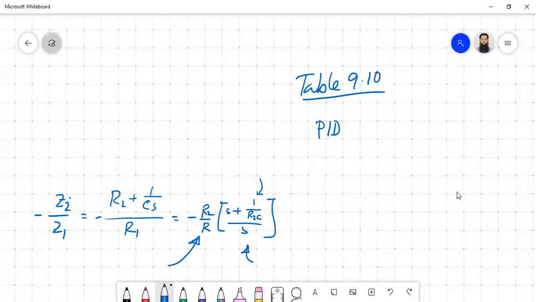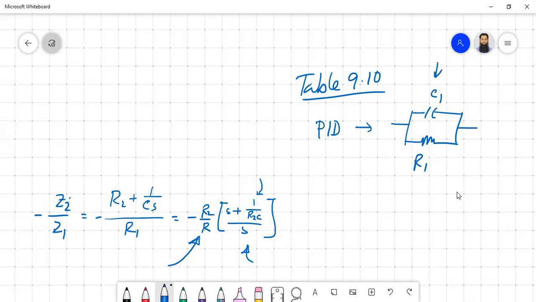Now for the PID controller, Z1 has to provide the derivative, so Z1 has to be a parallel capacitor and resistor network. So this is your Z1, this is your C1, this is R1.